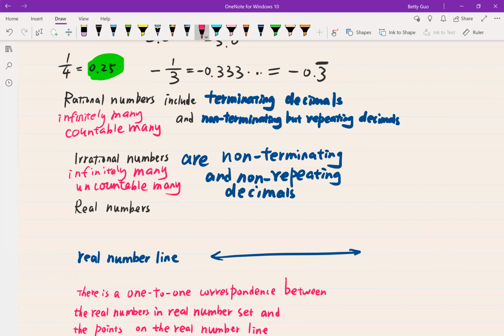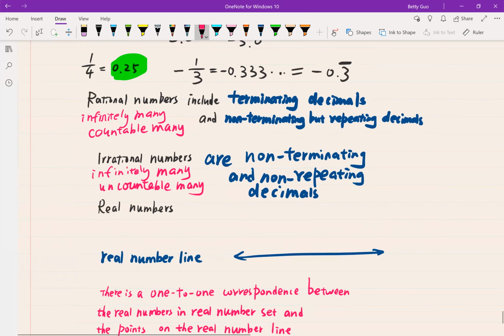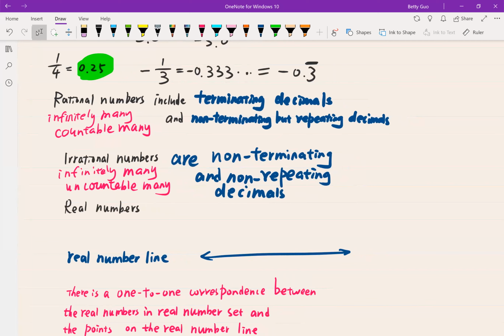The answer is no. The two sets are disjoint, which means they do not overlap. If a number is rational, it's definitely not irrational. Vice versa, if a number is irrational, then it's definitely not rational.